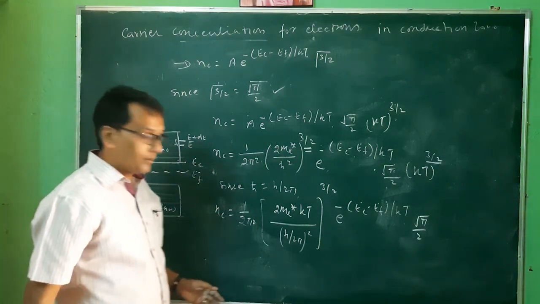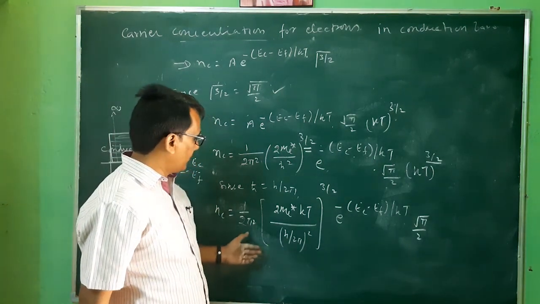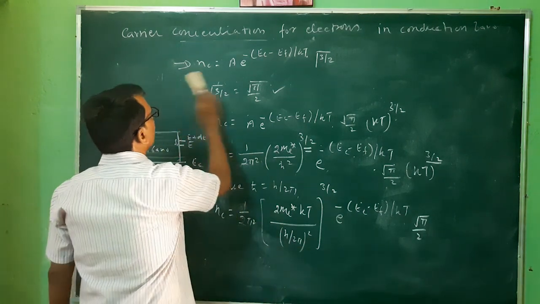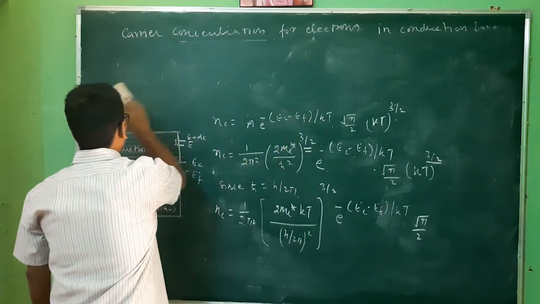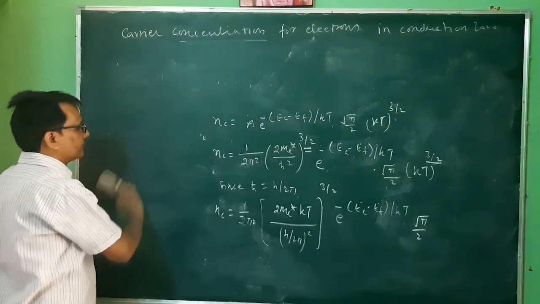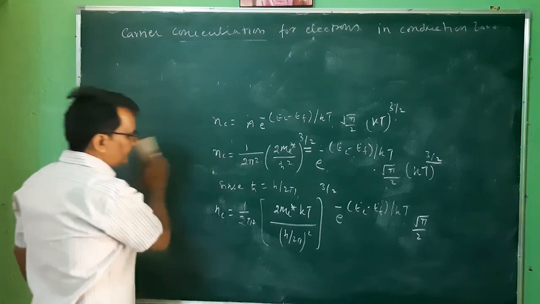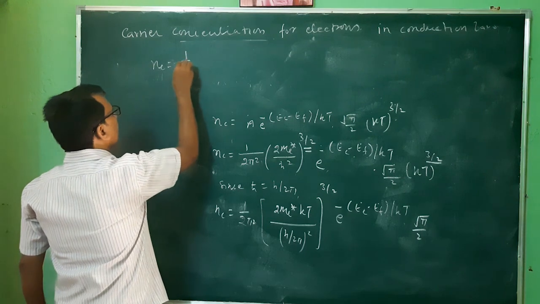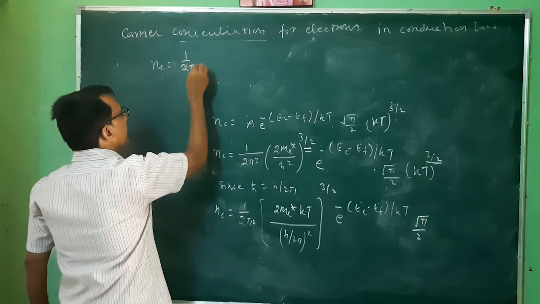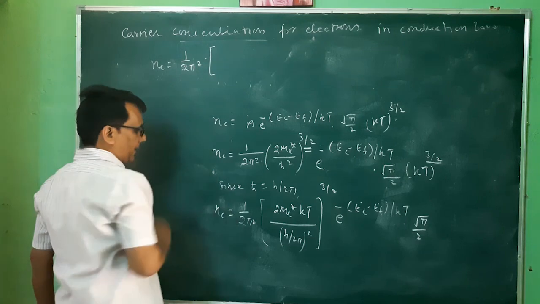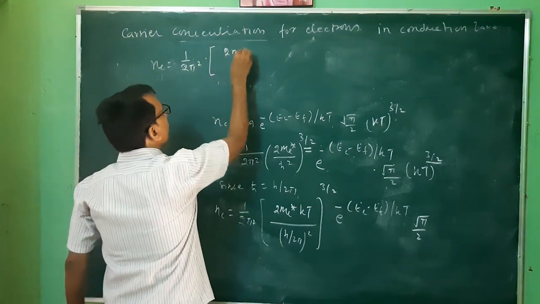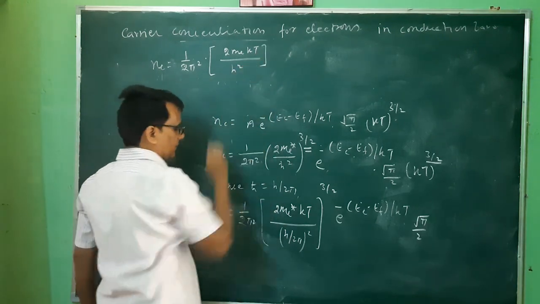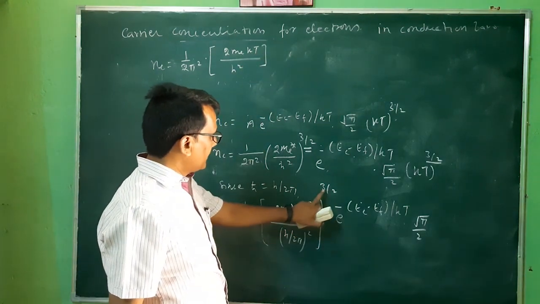So I am just taking all the pi terms out of this bracket, and we will have this Nc equal to 1 upon 2 pi square multiplied by 2 me kT by h square, and this is 2 pi square, and this is 3 by 2.